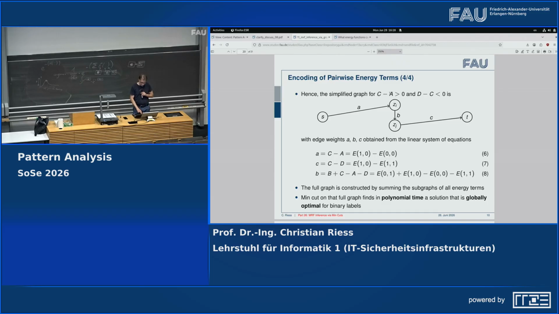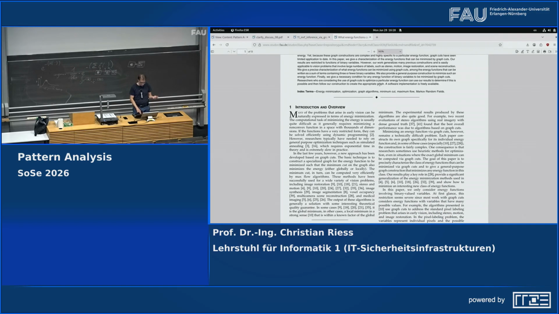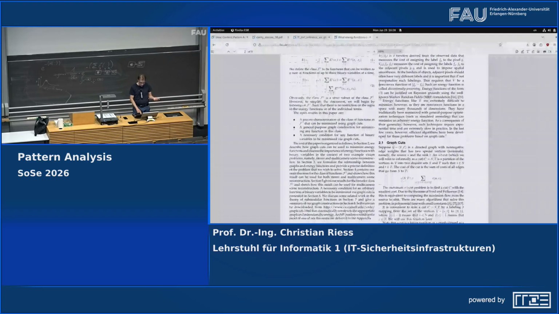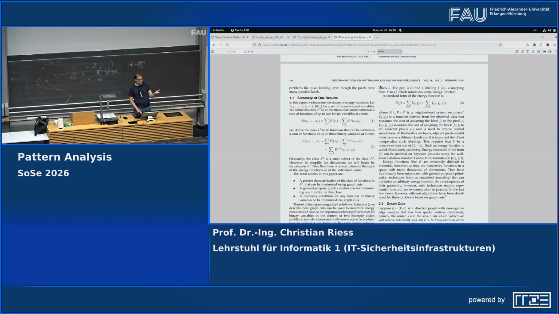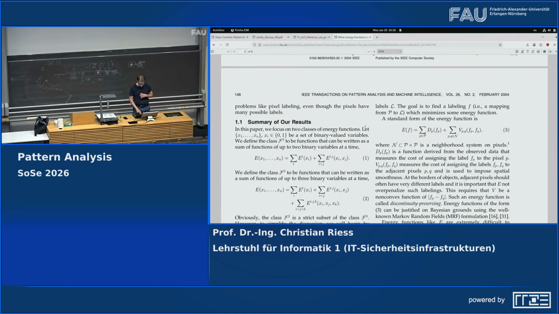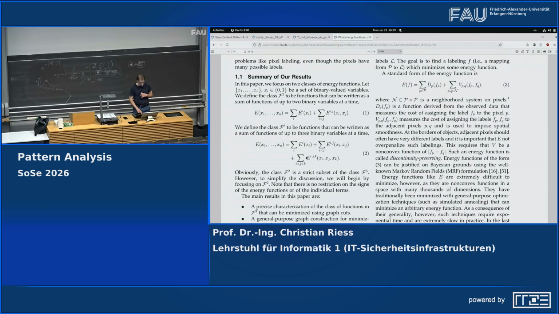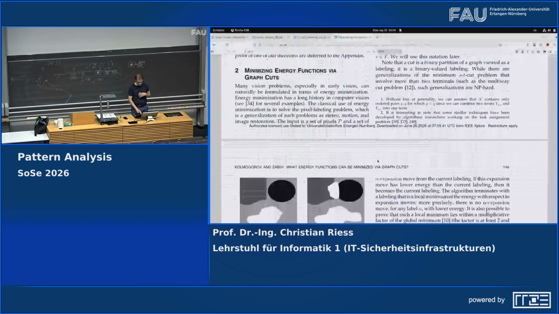I didn't check too thoroughly the rear part of this. The paper is fairly long, like 13 pages. It starts with the case that is relevant for us: energy functions that consist of a unary term and a pairwise term. They then extend it to energy functions that also have 3 hidden variables involved, and then they go on and prove stuff and so on.